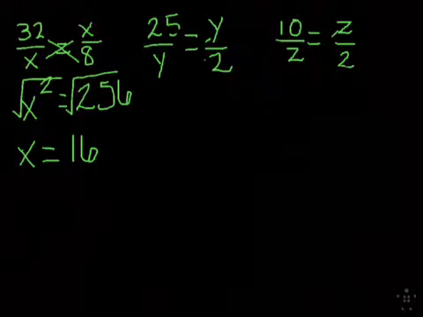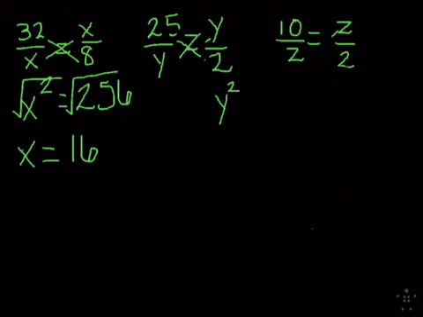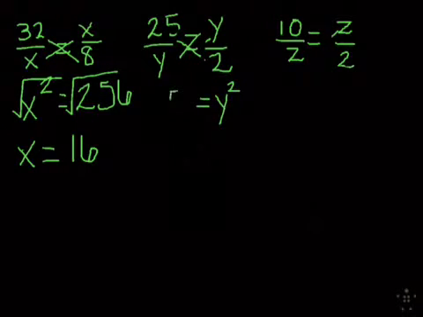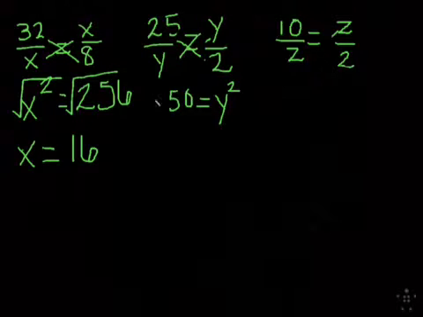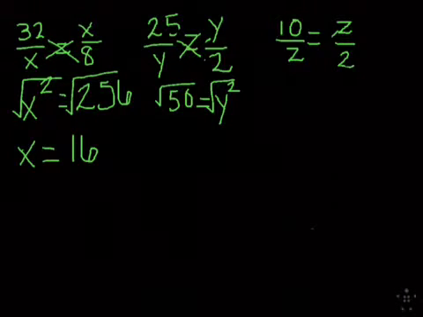Same thing here. I'm going to multiply using cross multiplication. Y and y is y squared. 25 times 2 is 50. Just take the square root of both sides. 50 isn't a perfect square, so you can simplify the square root using the prime factorization method or the perfect square method.